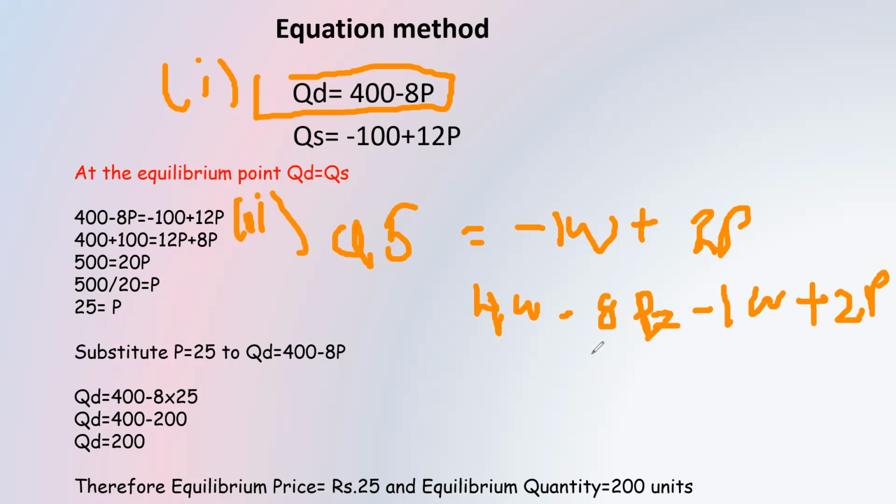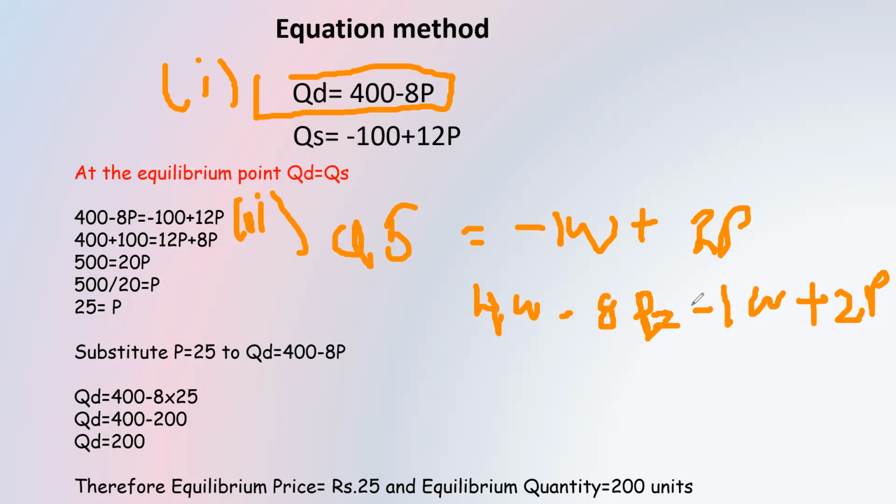So then we can calculate the new values again. The demand curve remains constant, the quantity demanded will not change, but the new supply curve will change as minus 100 plus 2P. Then calculate the new equilibrium price and quantity.